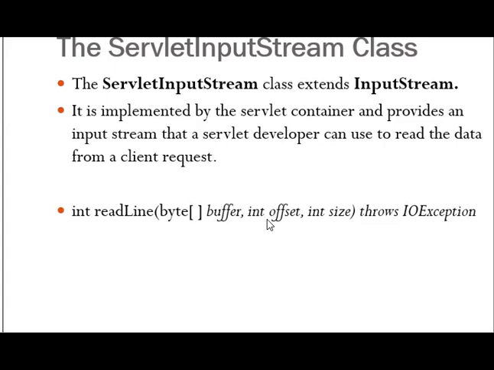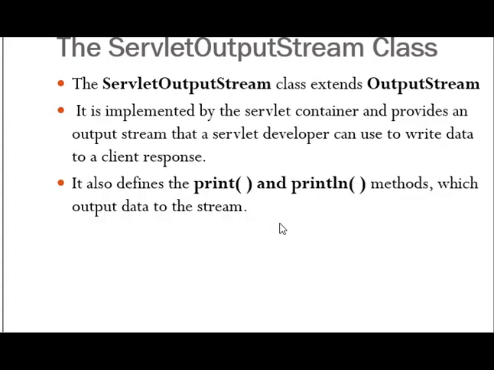This method returns the number of bytes that are read from the stream. The bytes will be read from the stream and placed in the buffer array, the number of bytes to read is specified in the size, and the offset in the buffer is specified using the second parameter. So this is the input stream.